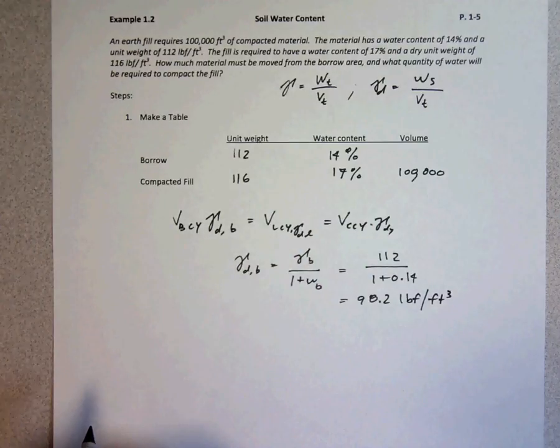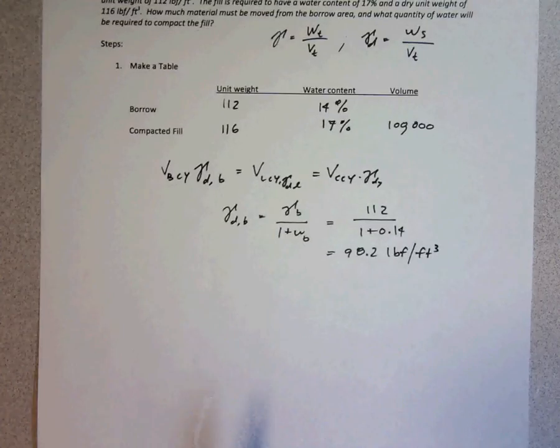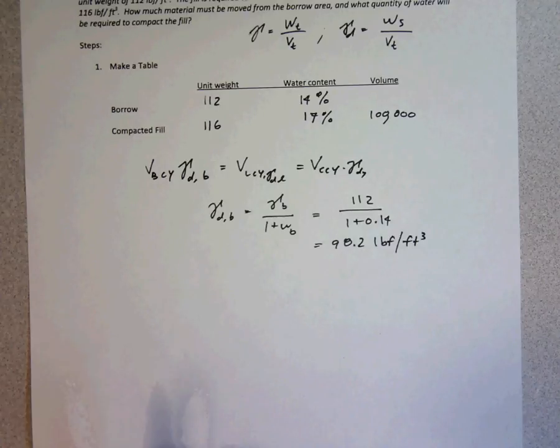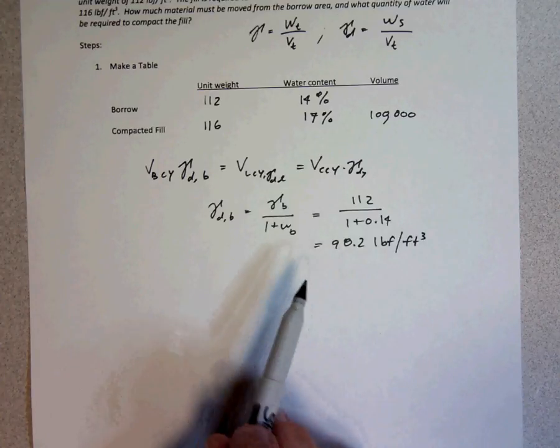And I'm not going to go through the proof of all these equations when I use them. I would just ask you to familiarize yourselves with them, because you're going to need them no matter what when you go through these types of problems. So that's our first relationship we're going to want to take advantage of.